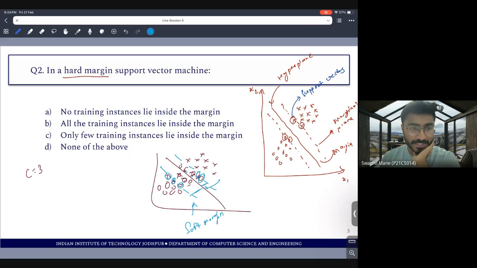The B option states that all the training instances lie inside the margin. Margin means this space. Okay, so here already mentioned margin means. And only few training instances lie inside the margin. None of the above. So, what do you think? Which option is correct for this question?